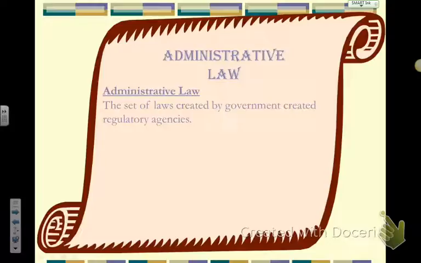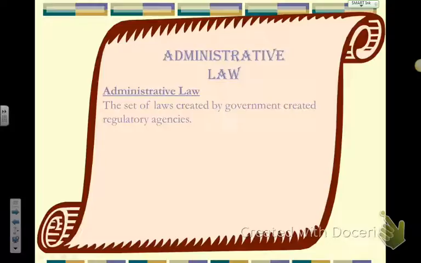So their area of law is defined, and then they set out laws as it relates to the area that they are responsible for. The IRS can't make a law relating to the environment. The DEC can't make a law relating to taxes. Okay? So they have their limited area of responsibility, and they create laws as it relates to that.